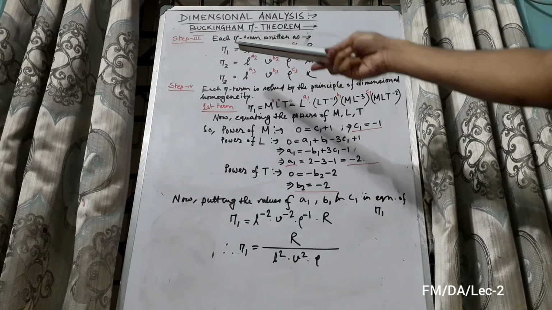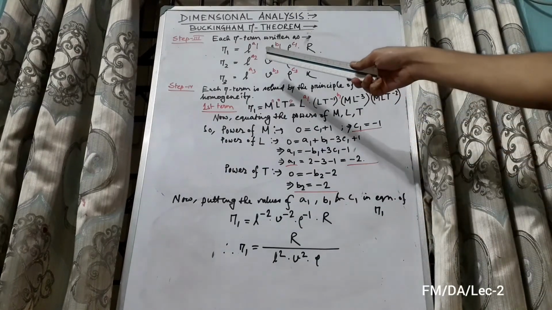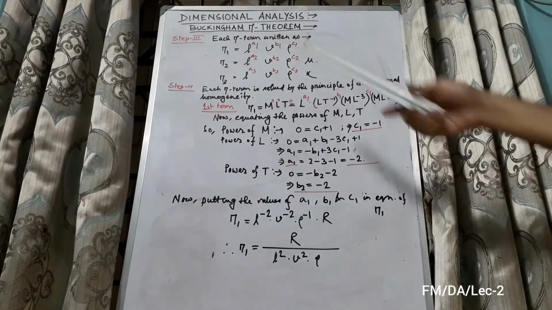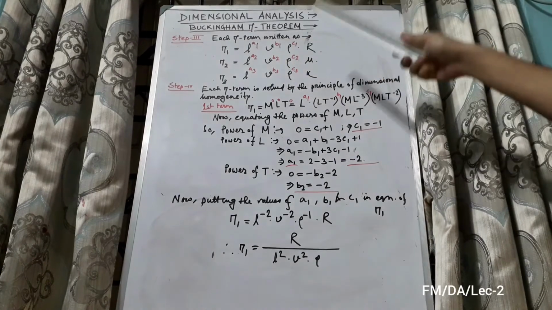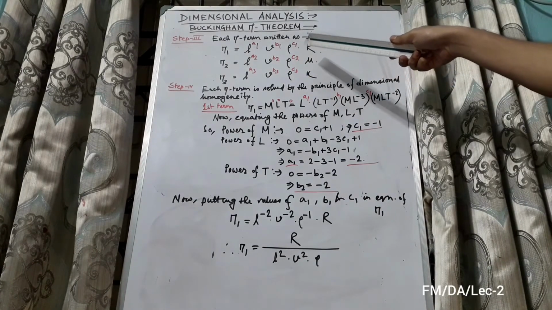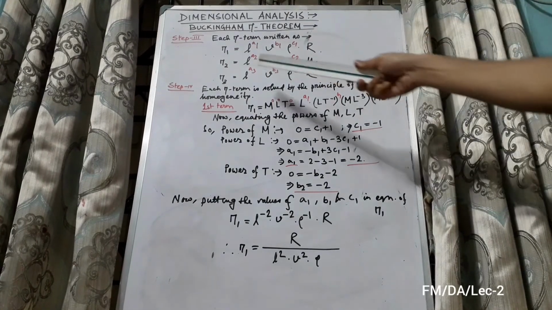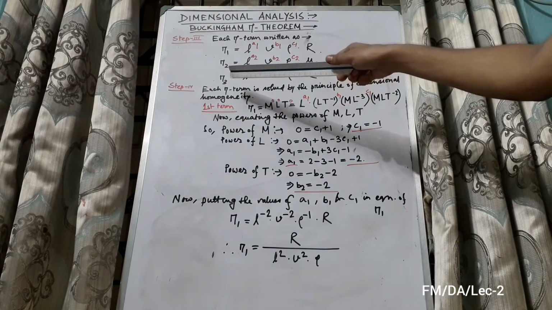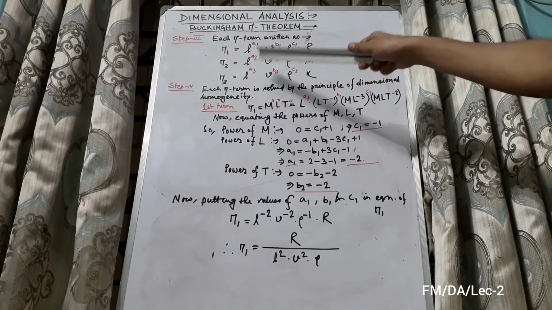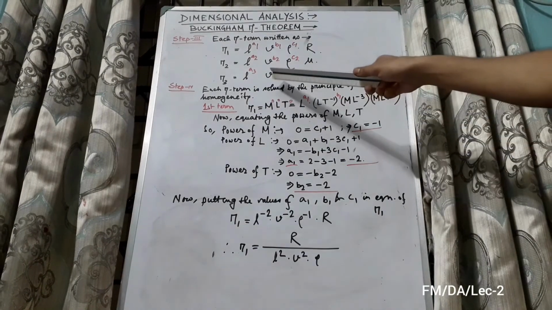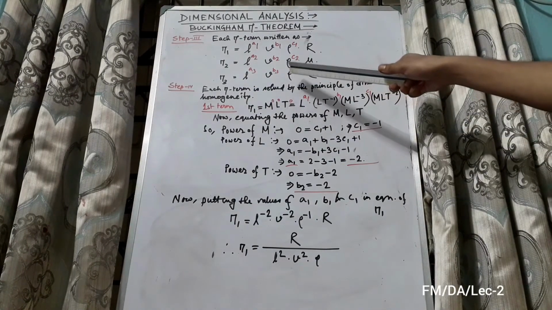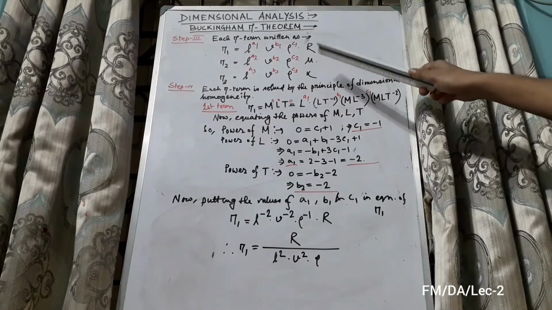The next equation is pi 2, L to the power A2, V to the power B2, and rho to the power C2, then mu. And the third pi term is pi 3 equals L to the power A3, V to the power B3, and rho to the power C3 into K.